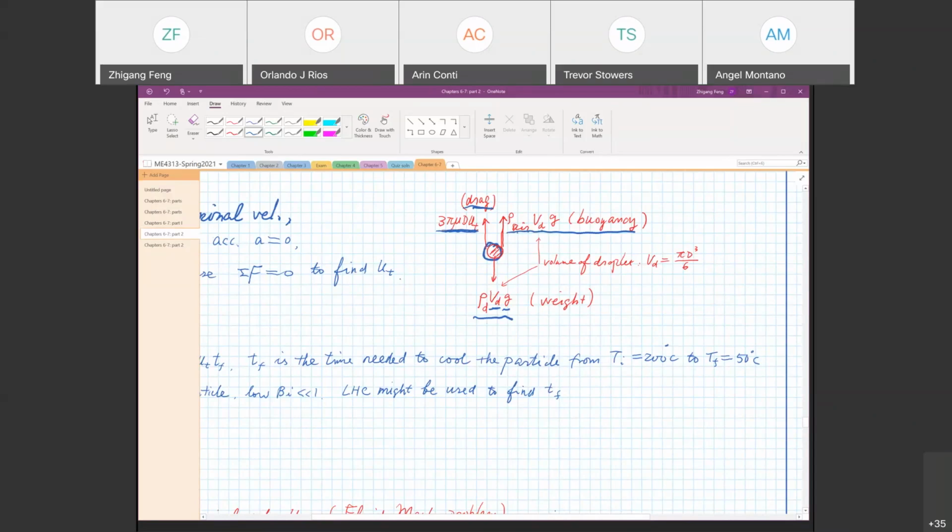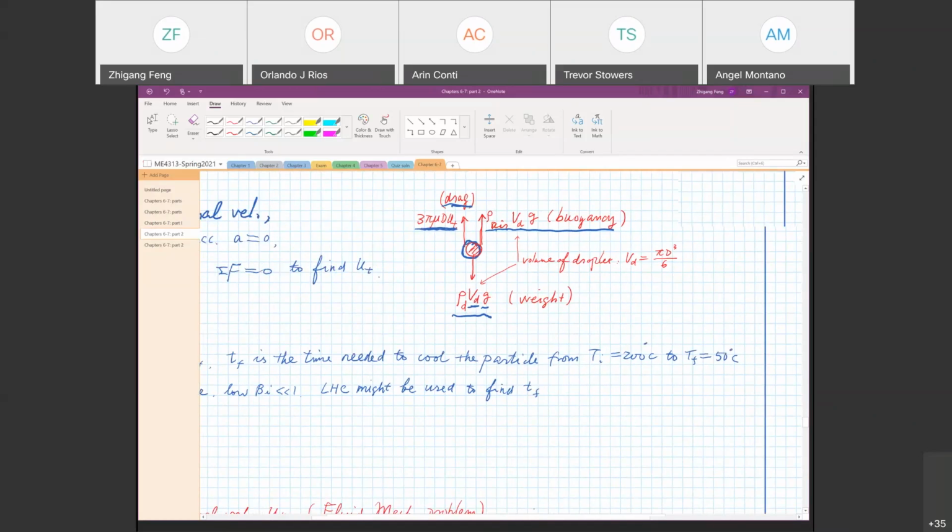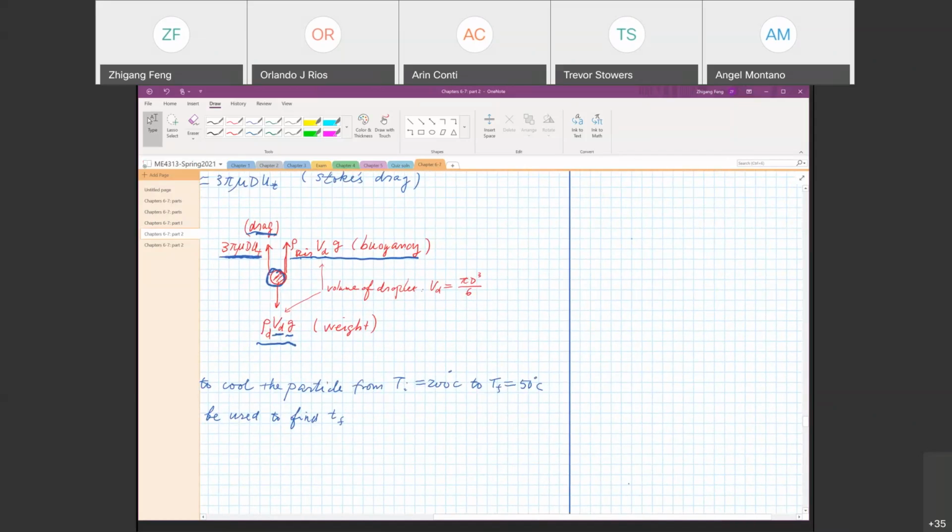Then we apply the force balance at the terminal velocity. Terminal velocity means the particle no longer accelerates, so acceleration equals 0 and all the forces have to be balanced.